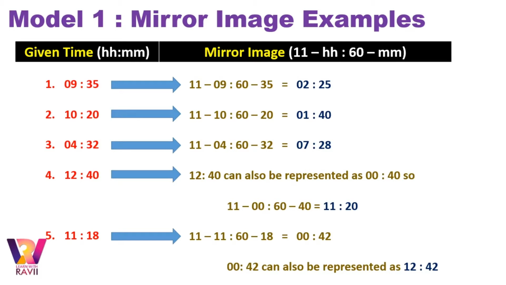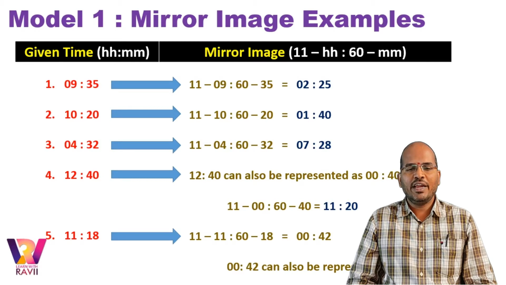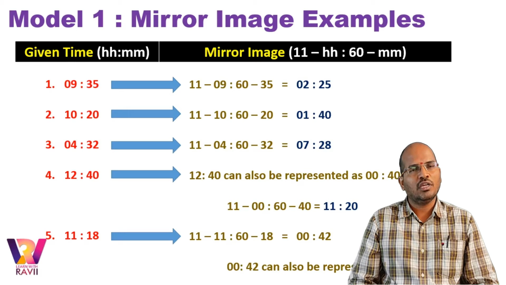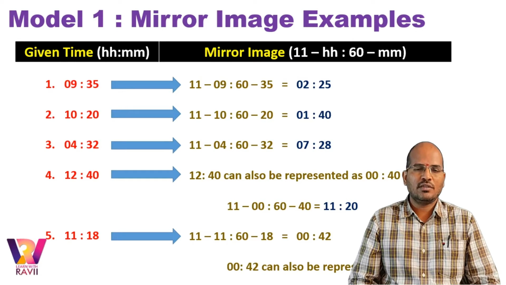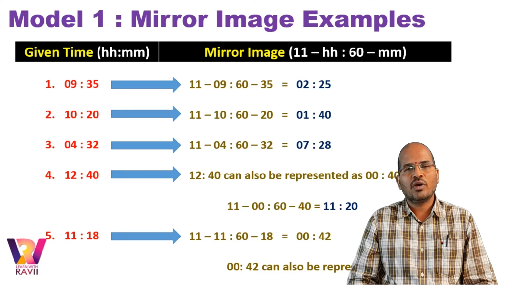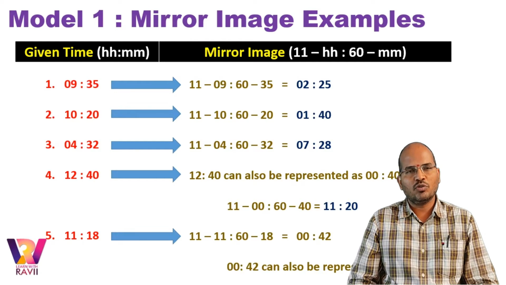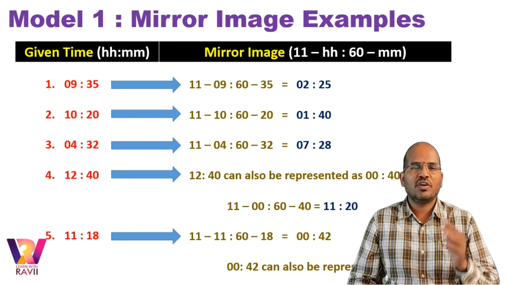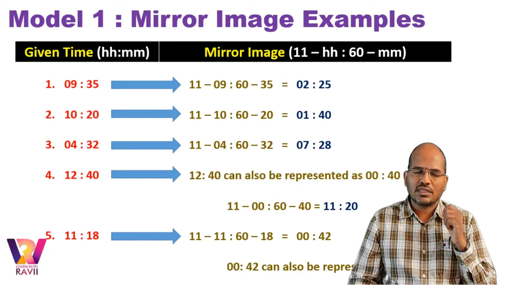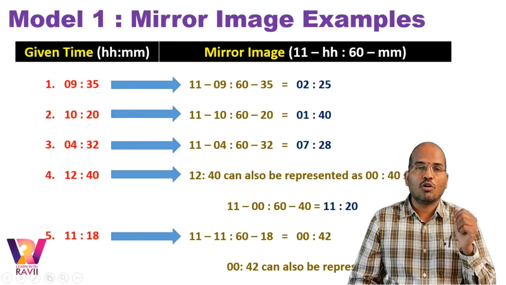That's how we work with that. So we write 12:40 as 0th hour 40 minutes, or we can write 0th hour 42 minutes as 12:42. So this is how we calculate the mirror image for a given time. It is as simple as that, and please don't complicate it.